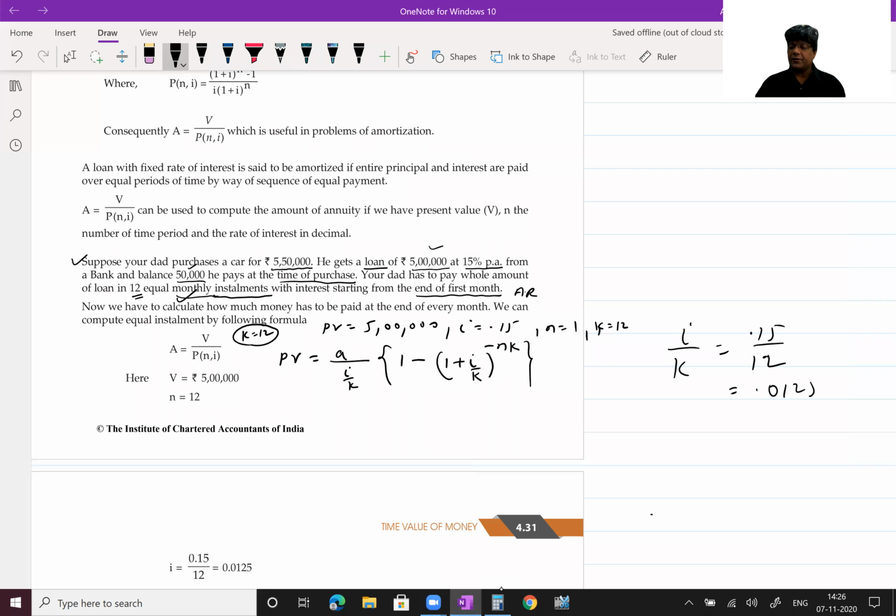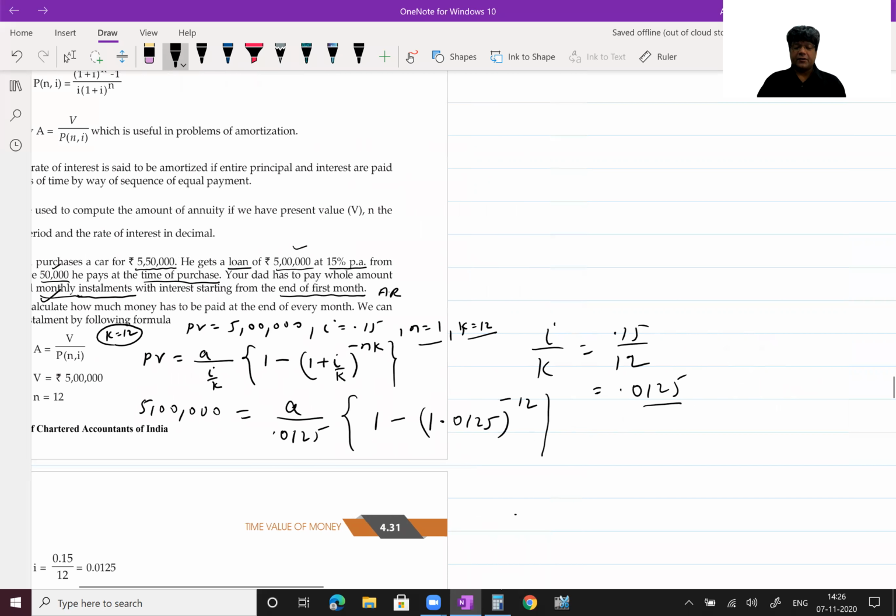So the present value 5 lakh is equal to A, the annuity value we have to calculate, into I by k, which we have calculated as 0.0125, into 1 minus (1.0125) to the power of your n value 1 and your k value 12. So minus 1 into 12, that is minus 12.